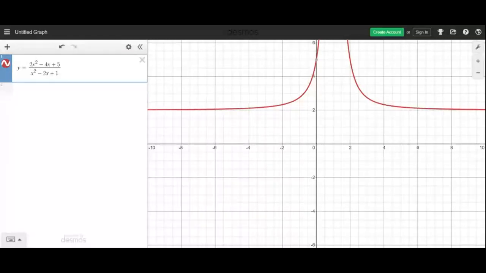So if we look at the graph, do you see either any horizontal or any vertical asymptotes? And where would those be if you do see them?